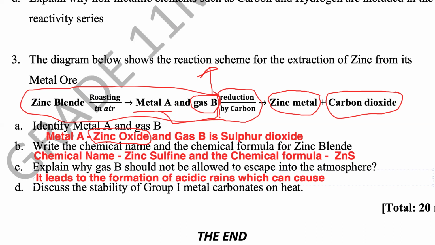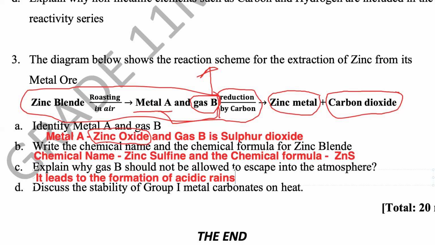Now, because the question did not actually ask you to explain the effects, the best that you would say is that it leads to the formation of acidic rains, unless the question went as far as asking you what are the environmental effects.